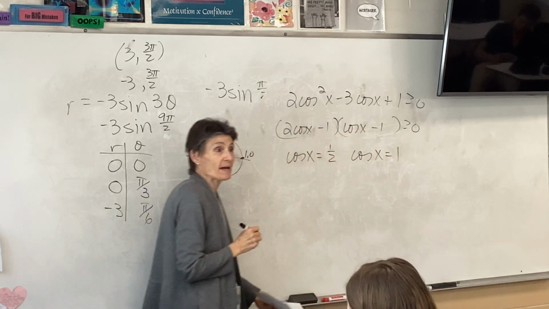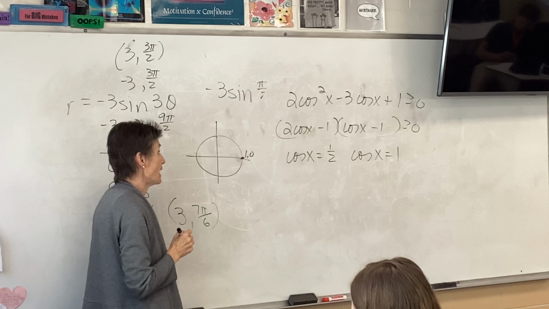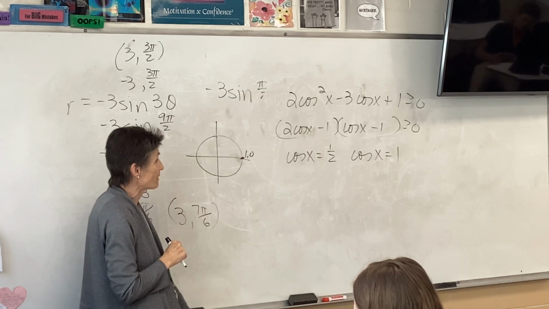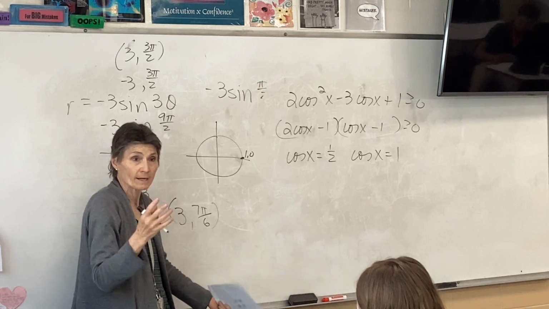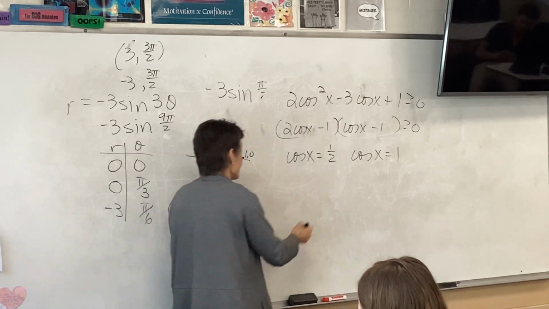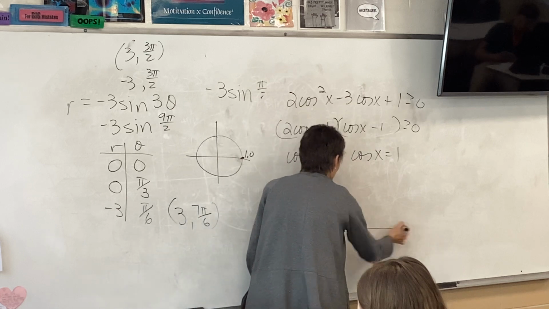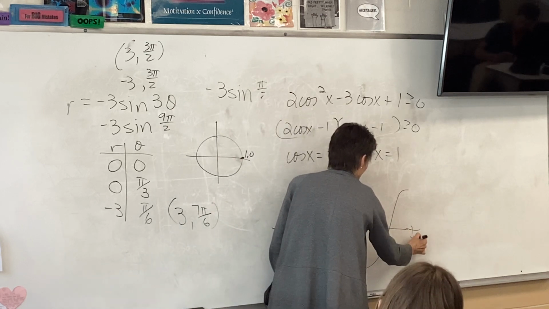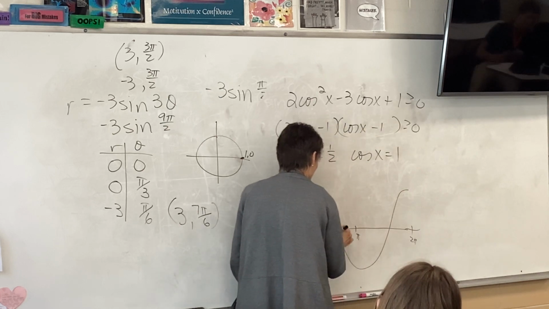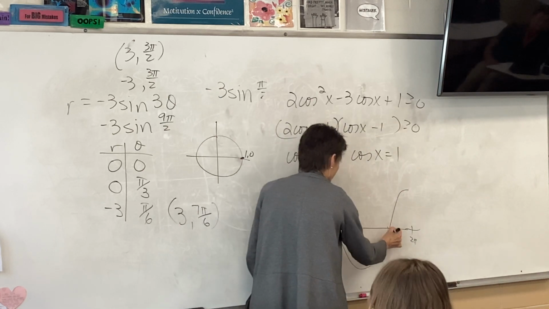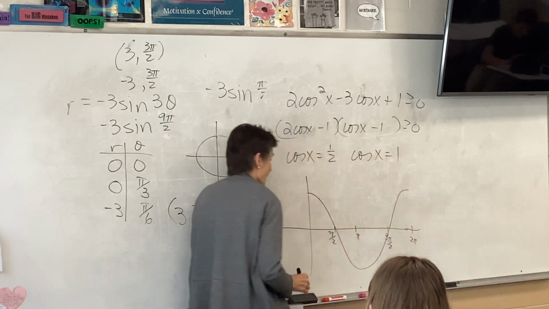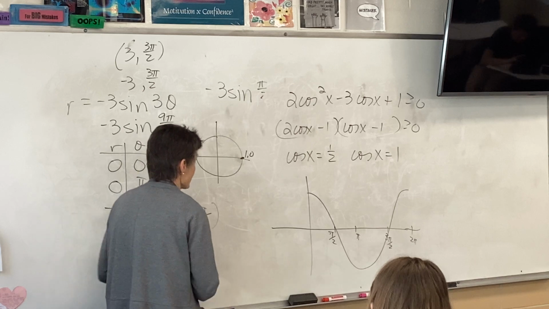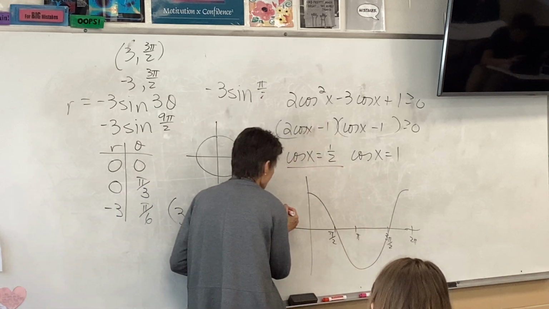All right, so I factored it, and I have found my important numbers where the cosine is a half and the cosine is 1. Okay, so now I'm going to sketch my cosine curve, and identify the places where the cosine is a half.